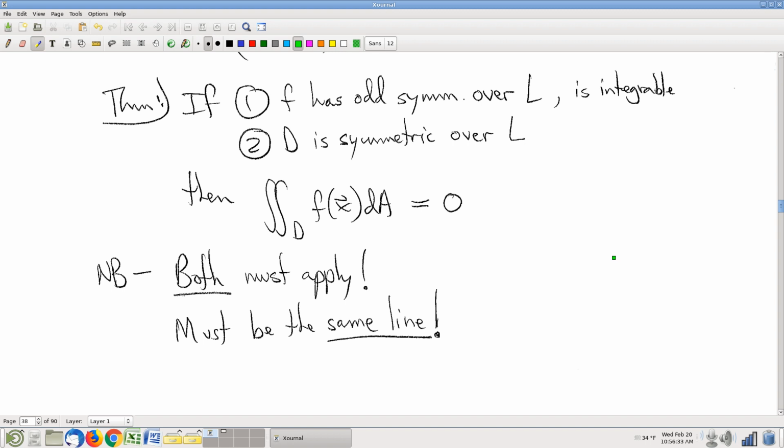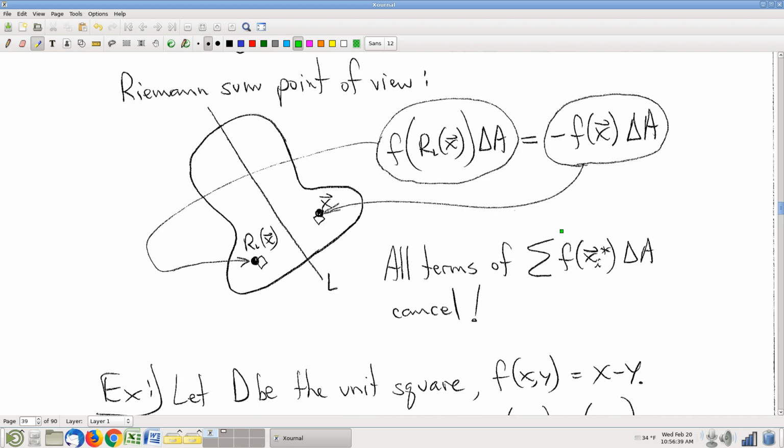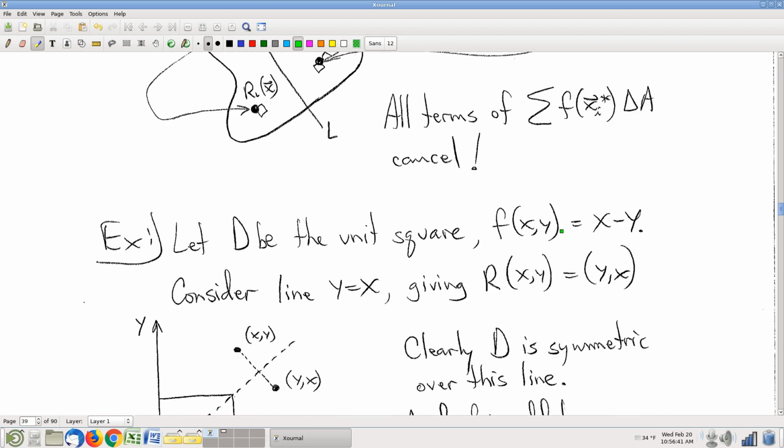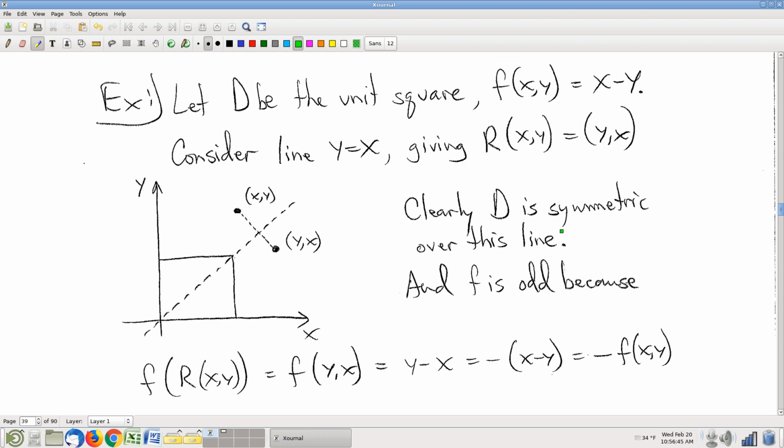So here's the rules. You do have to tell me when you do this, such as I did in this example. You've got to specifically indicate what your line is. You don't necessarily have to give me the equation, but you have to be unambiguous about what your line is. You might say y-axis, or whatever.